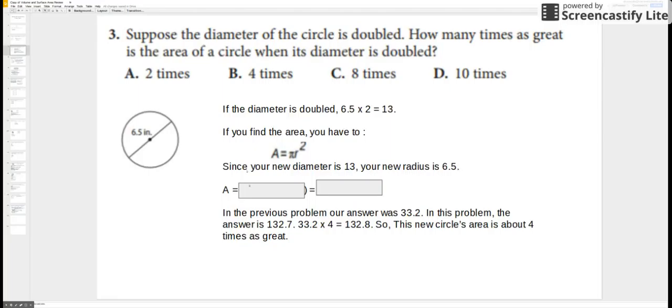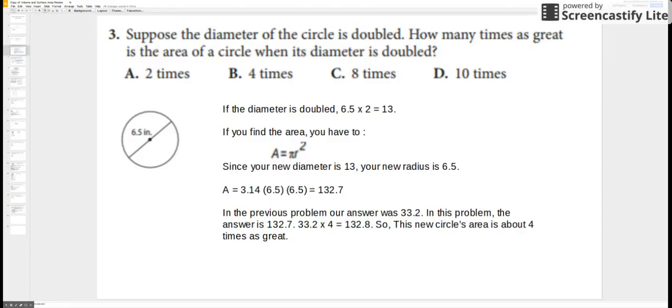So what we're going to plug into our area formula is 3.14 for pi, times your radius, which we said is 6.5 squared. So it's 3.14 times 6.5 times 6.5 to get our total to be 132.7.